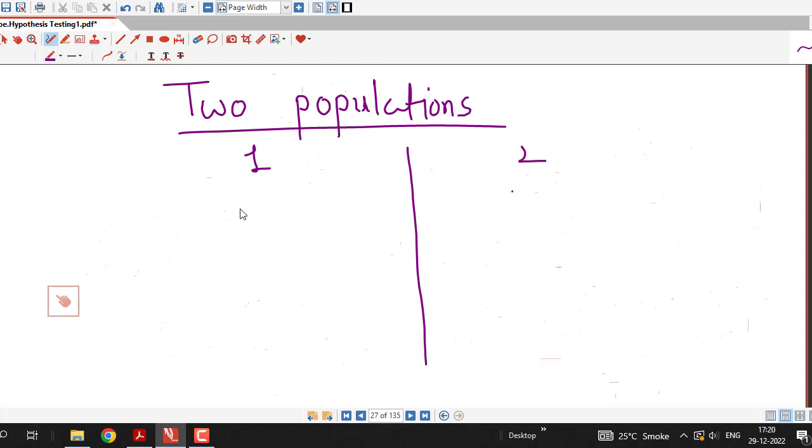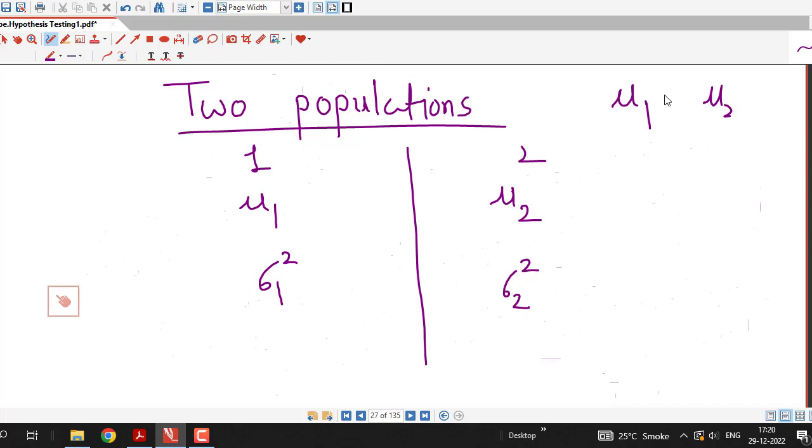Suppose population 1 has mean mu1 and population 2 has mean mu2. Similarly, suppose variance of population 1 is denoted by sigma 1 square and variance of population 2 is denoted by sigma 2 square, and we want to check whether there is any significant difference between the population means.